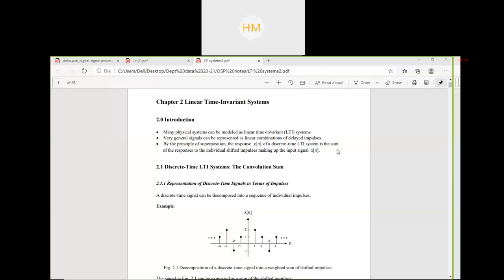Which question was unsolved? Z transforms question.